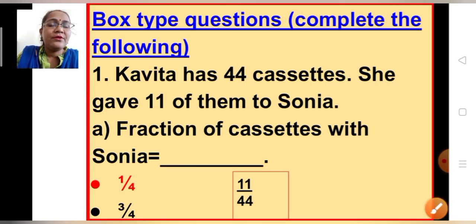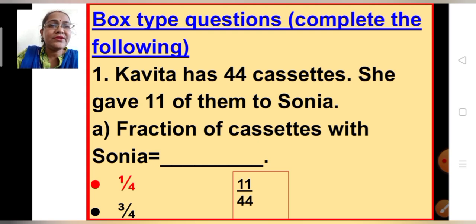Now box type questions. See children, in the exam it may be asked in the form of complete the following. First question is in that Kavita has 44 cassettes. She gave 11 of them to Sonia. Now what is the question then? A question is fraction of cassettes with Sonia we need to find.